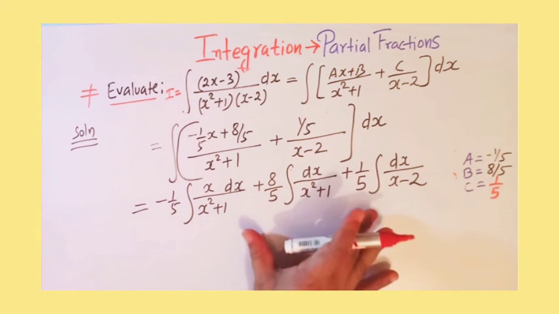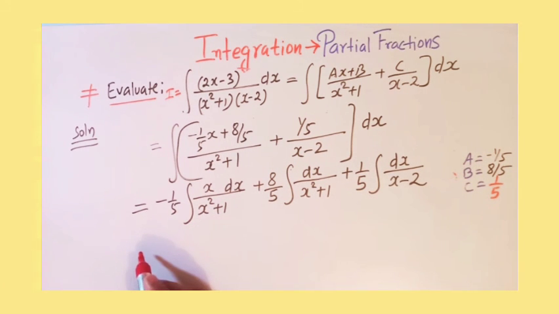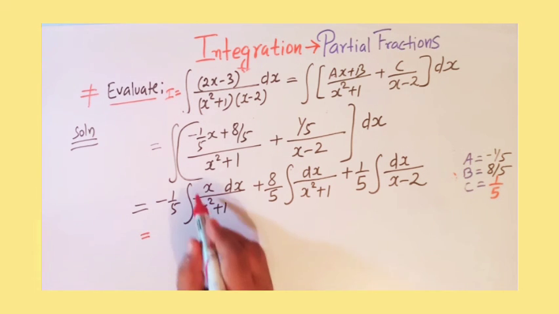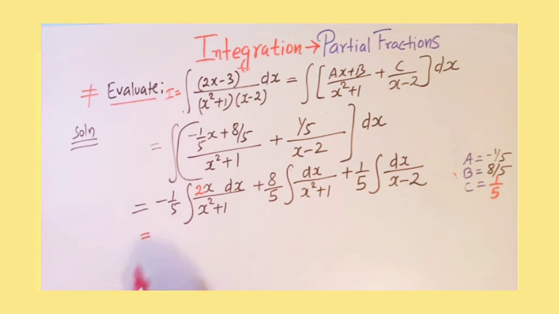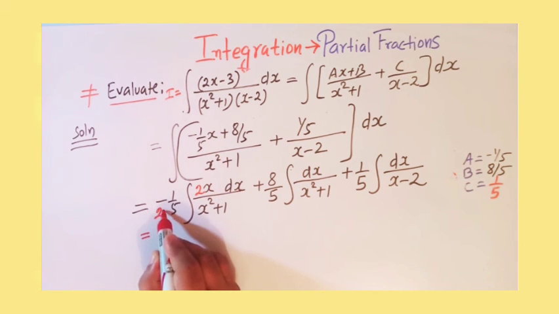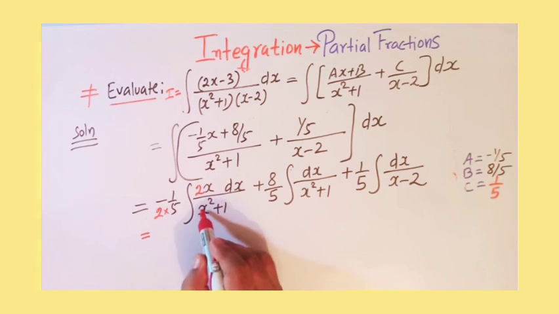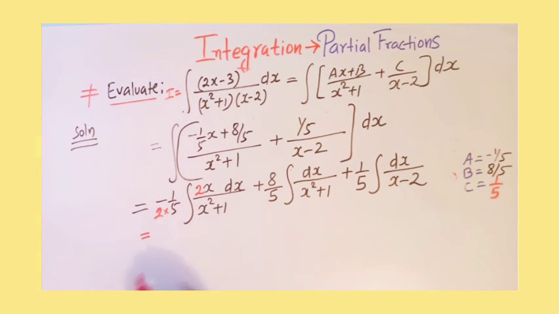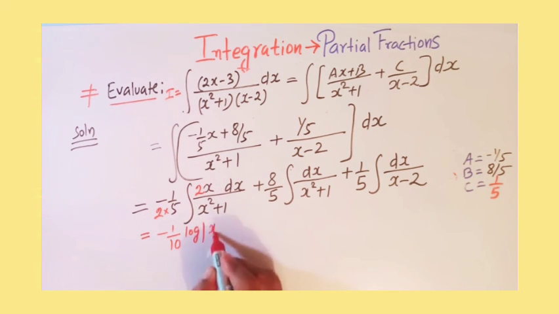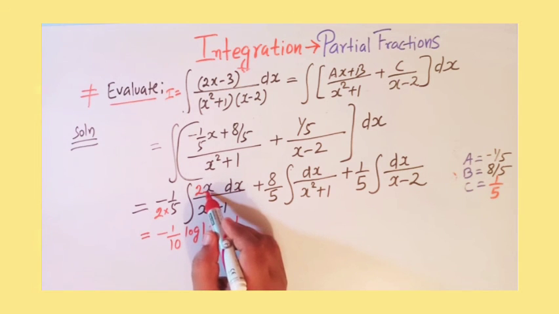To evaluate these integrals, we will make use of standard results. So if I multiply by 2 and here we divide by 2, we see that the derivative of x square plus 1 is 2x. So therefore this is minus 1 by 10 times log of x square plus 1, right? Because the derivative of x square plus 1 is 2x.